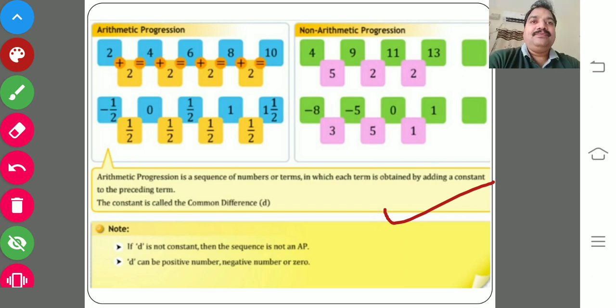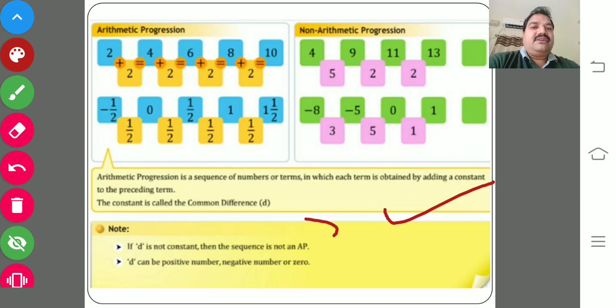Preceding means the previous term. So you can easily get the A value as well as the D value. T1 is nothing but A, and the constant, fixed number you add to the previous term is called the common difference D.